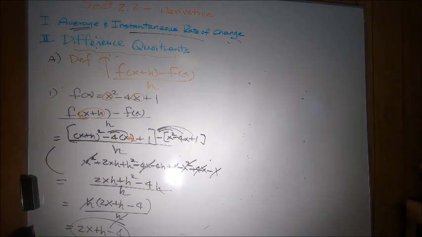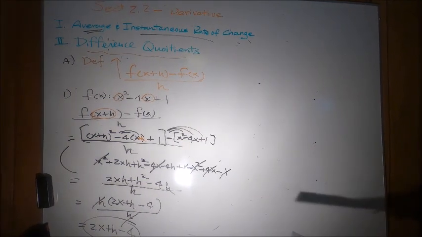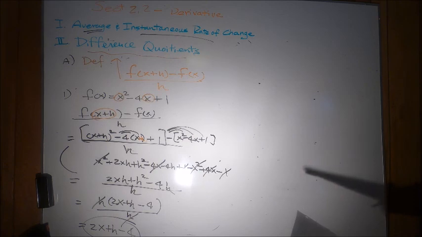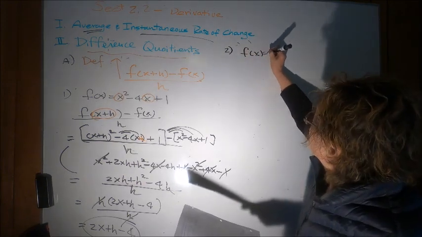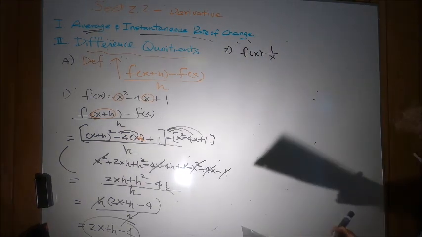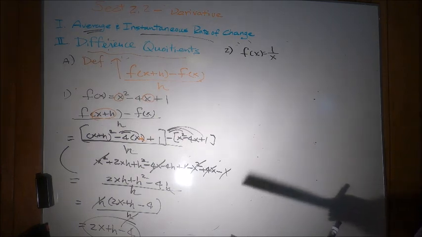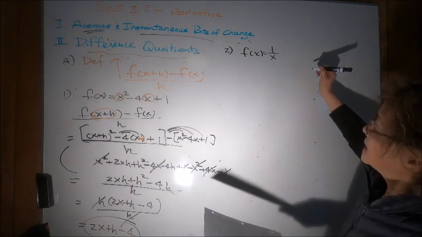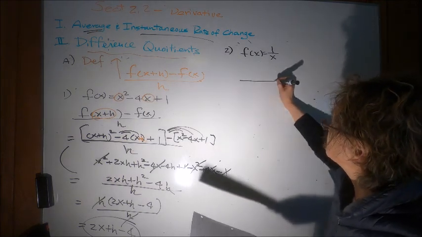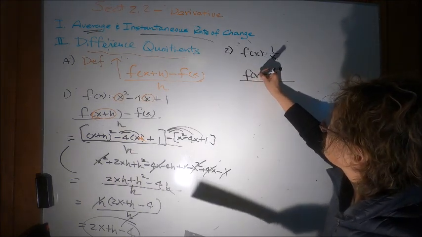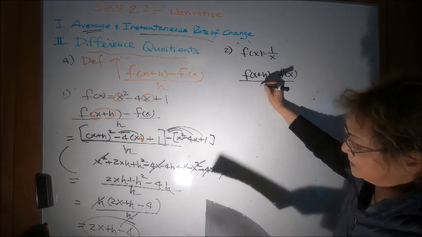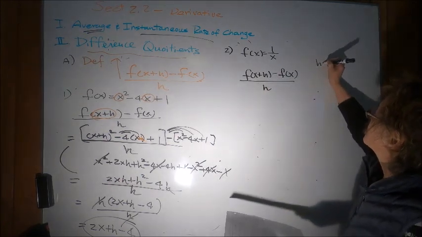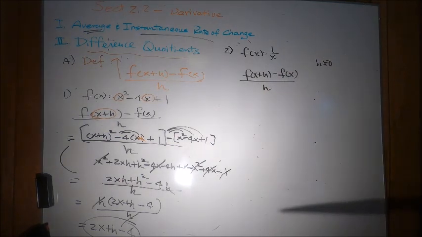Let's see another example. Oh yeah, we did this already, I think. Let's take a look. If f of x equals 1 over x, how do I do my difference quotient? So we find the difference quotient, which is your definition of difference quotient. We say h is not 0 because it cannot be 0.